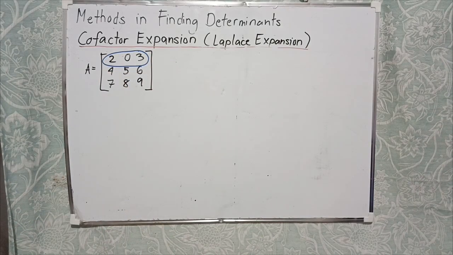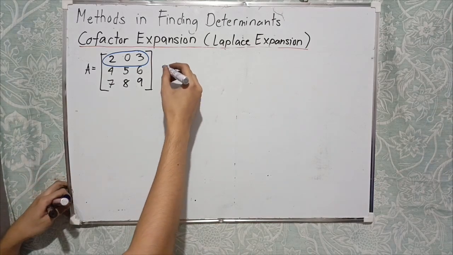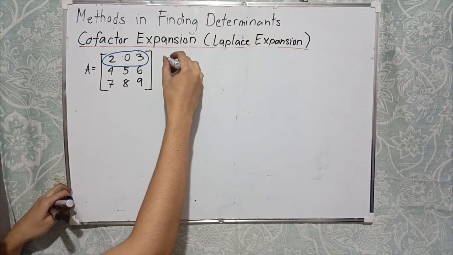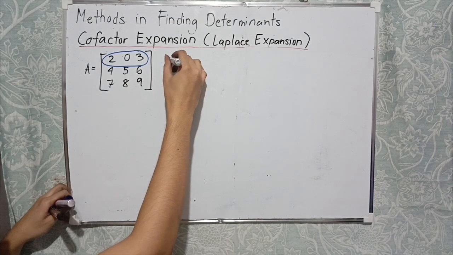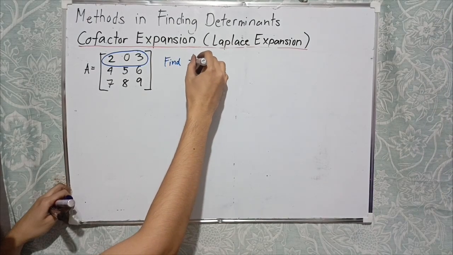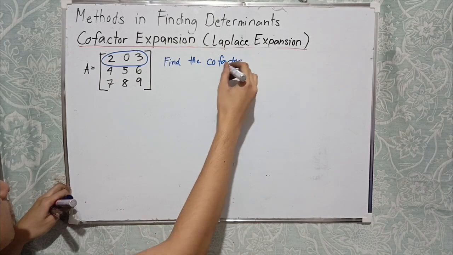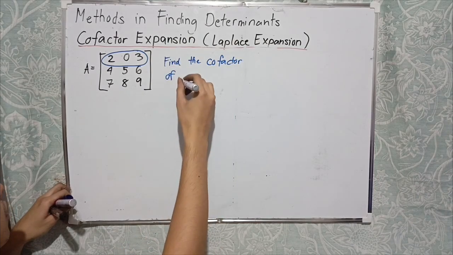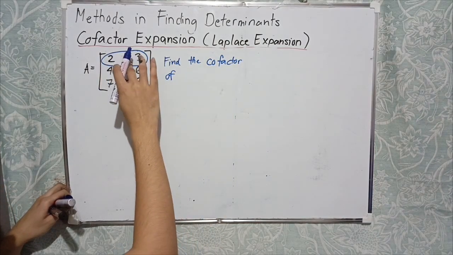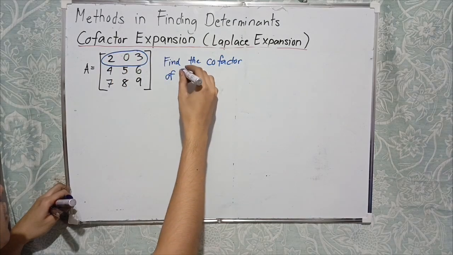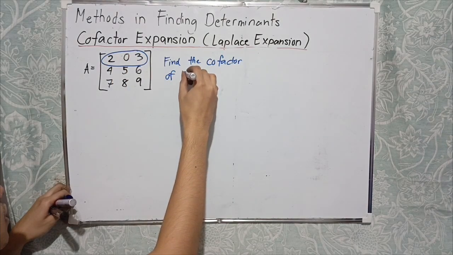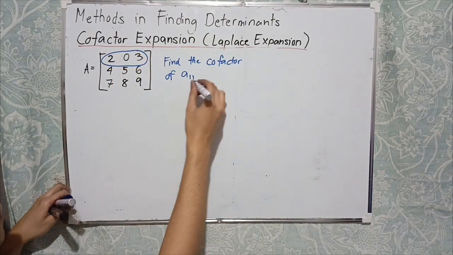So therefore, I need to find the cofactor of 2, 0, and 3. This 2 is represented as A11.